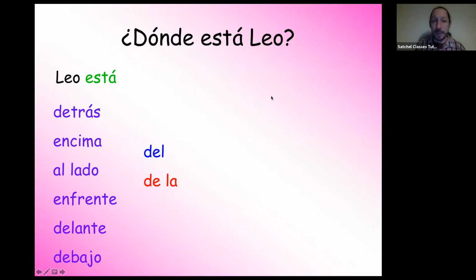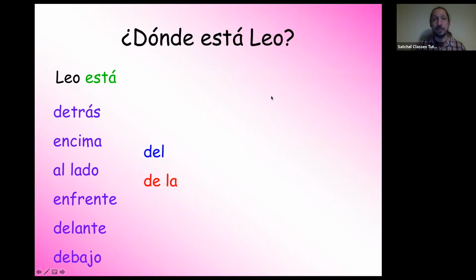Leo está. Leo is. And then we use any of those really important prepositions. I've got detrás, behind, encima, on top, al lado, next to or beside, enfrente, opposite, delante, which is in front of, and debajo, under.